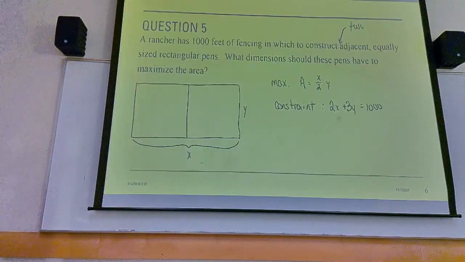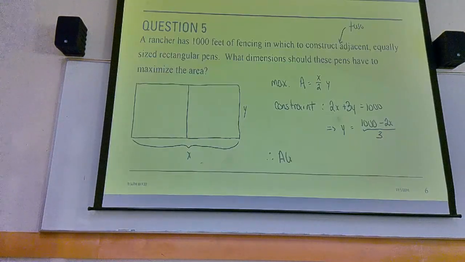Let's solve for y since it's all alone in the area formula. Area would then be 1000x minus 2x squared all over 6.